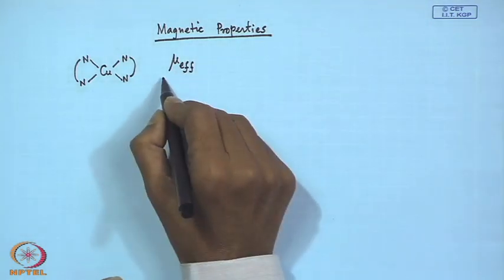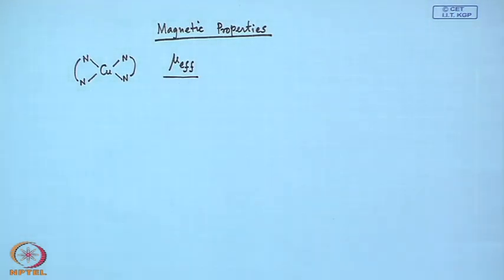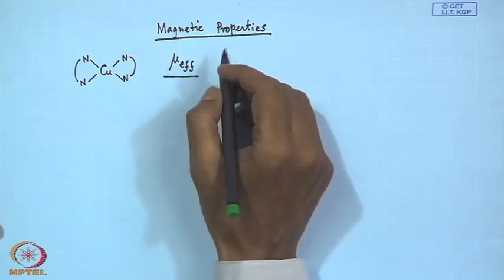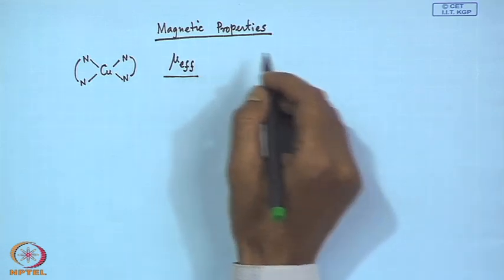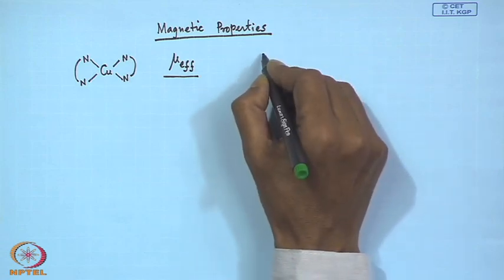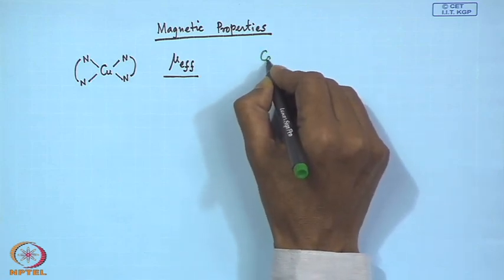So, how can we determine these mu effective values for simple mononuclear paramagnetic compounds, because this area has now become a very complex one after the introduction of so many cluster or cage-like complexes.